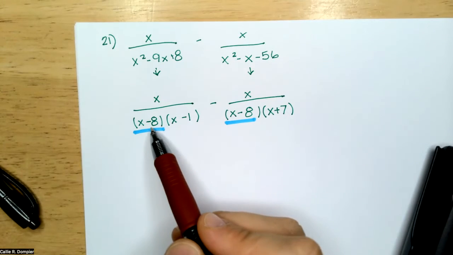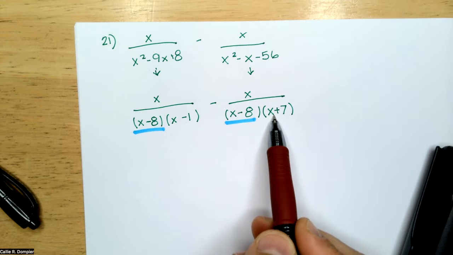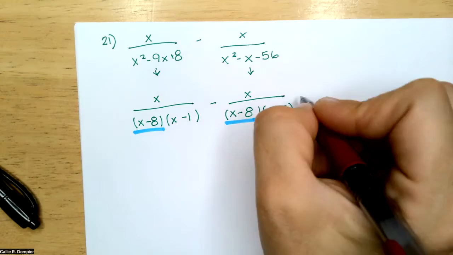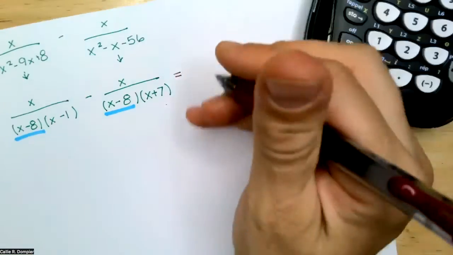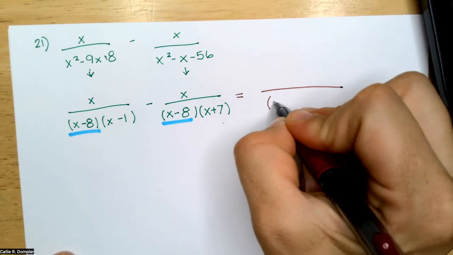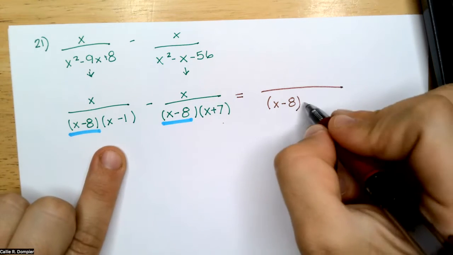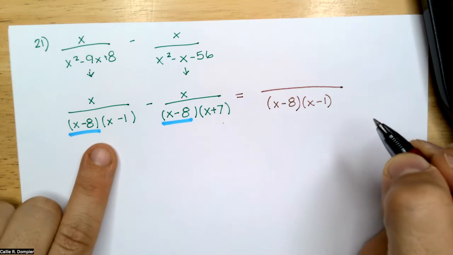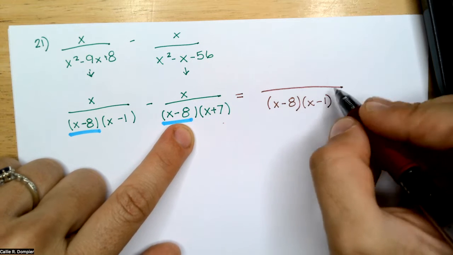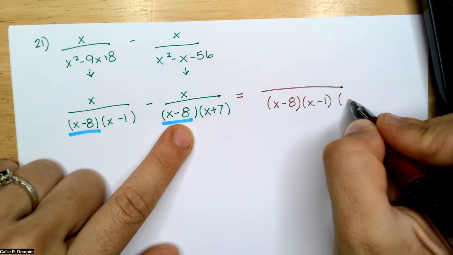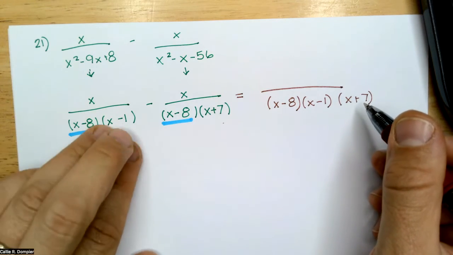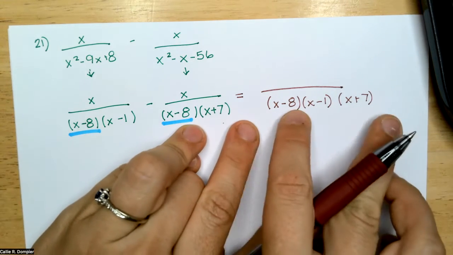This one has (x - 8)(x - 1) and (x - 8)(x + 7). But the x minus 8 is repeating. So what will our common denominator look like? Do we need two? We need x minus 8, and then we need x minus 1 because that's that denominator. Do I need to write x minus 8 again? No, it's already here. So it's (x - 8)(x - 1)(x + 7) that is going to be our final common denominator, because that includes this one. I see that one there, and I see that one there.